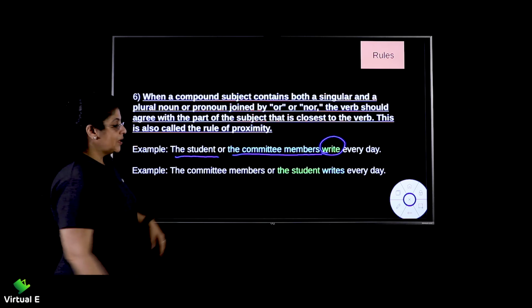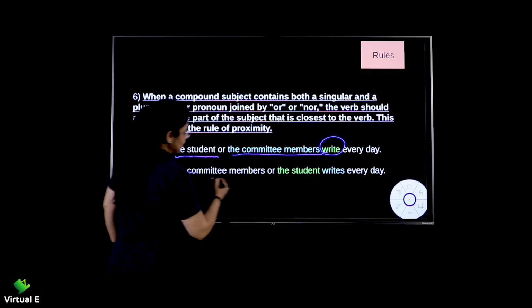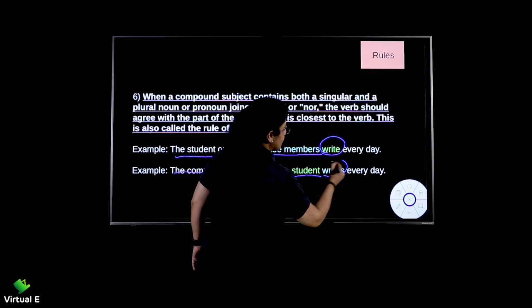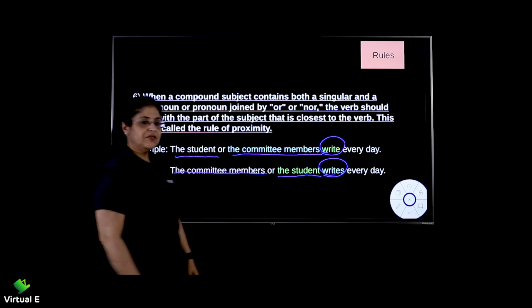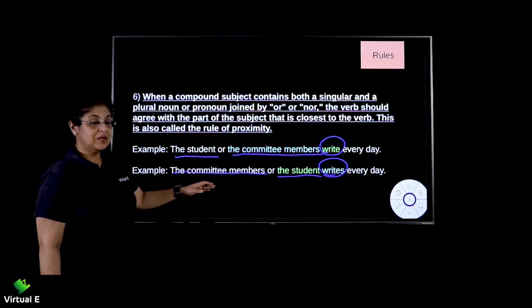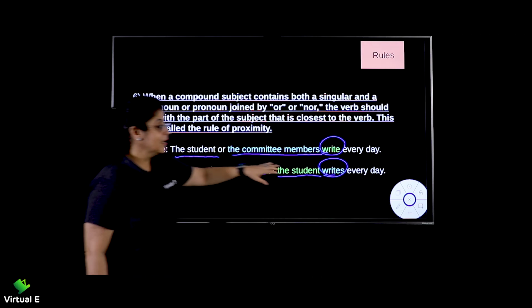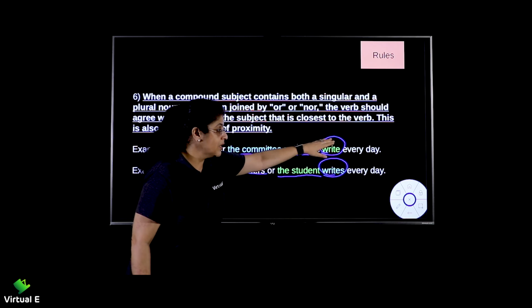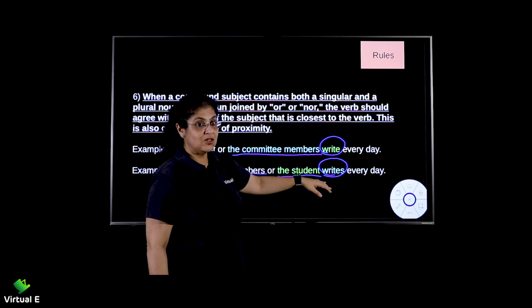Likewise, the other way around, let's look at this. Now, the committee members or the student writes. Now, think of it quickly. Yes, the committee members. Now, here it is plural. Here we interchanged, right? And here it is singular. So, what did the verb change? Yes, it changed.